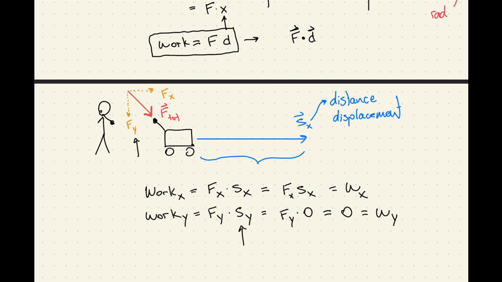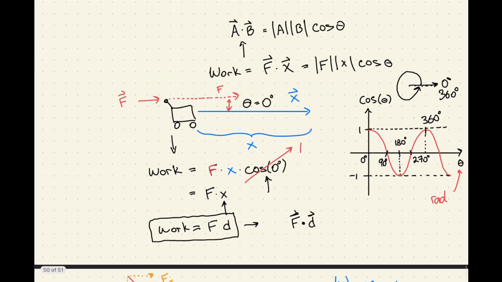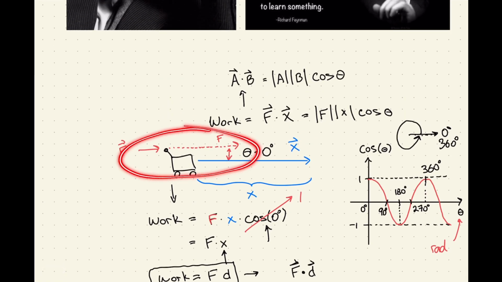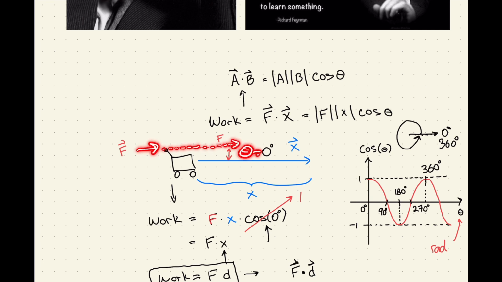So that is a little bit of a difference here between the two components, when you have a vector that is pointing in a different direction than your displacement vector. So remember how over here I expanded the force vector? Originally it was written like this, and I just expanded it over here just to see the angle between this x vector and my force vector.